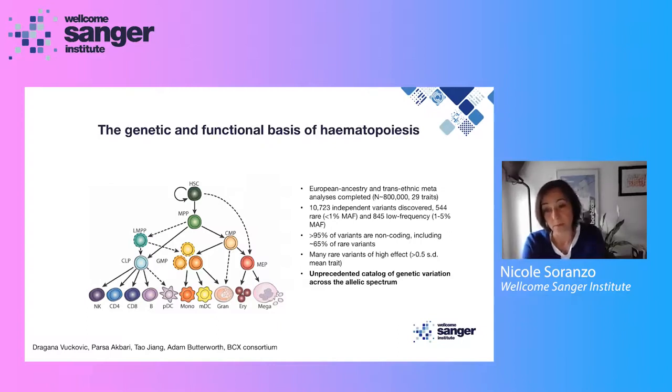The last of this was published about a year and a half ago and really looked at nearly 800,000 participants and 29 different traits and discovered nearly 11,000 independent variants associated with these 29 phenotypes. So this is really the largest set of correlated phenotypes that have been discovered to date. And what was really useful is that it discovered a large number of low frequency and rare variants, providing us with a new opportunity to study the property of these variants at scale.